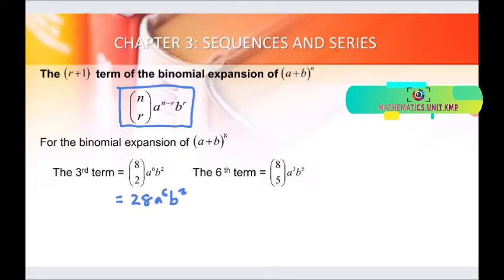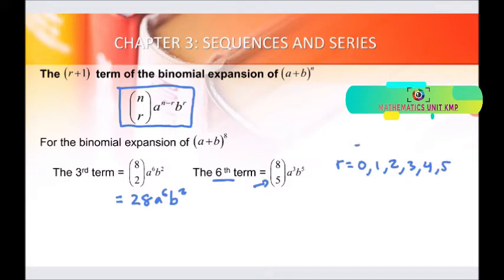Next example, if we have the same binomial expansion and we want to find the sixth term, we can use the formula 8C5. We need to know that if you want to find the sixth term, r is going to be 5, because the first term we start with r equal to 0. r equal to 0, r equal to 1, 2, 3, 4, and 5.